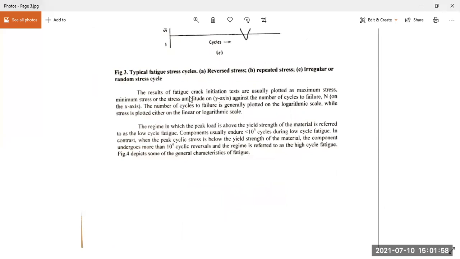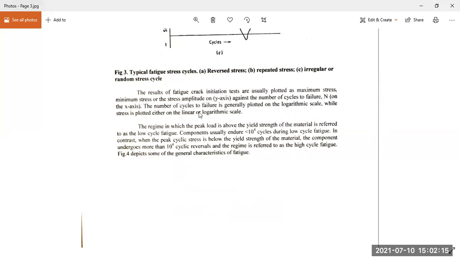The results of the fatigue crack initiation test are usually plotted as maximum stress, minimum stress, or the stress amplitude on the y-axis against the number of cycles to failure N on the x-axis.